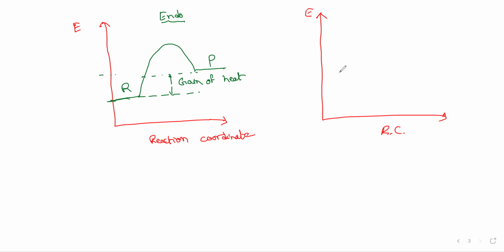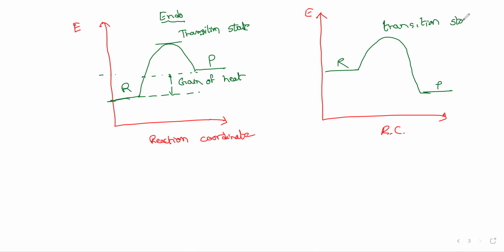Similarly, in this case, the reactants have this much energy and products have this much energy, and they are converting to products. And this is said to be the transition state. The energy difference between the reactant and the product: on the energy axis, reactants have high energy, the products have low energy.